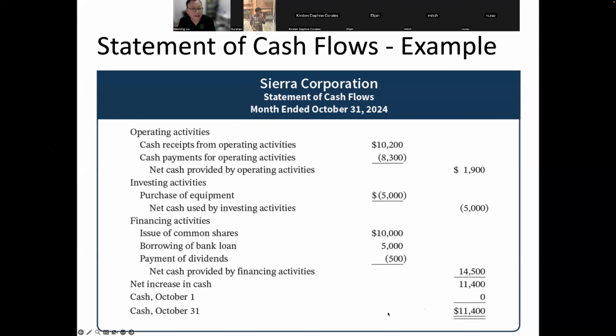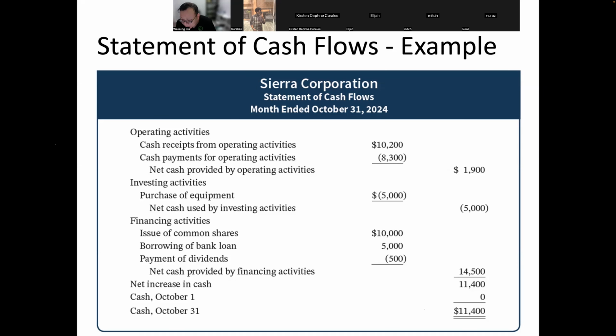Any questions about the statement of cash flow? In the later chapters, we are going to learn how to prepare statements of cash flows. For now, just familiarize yourself with what they look like. You don't have to dive into these numbers or understand how these numbers are worked out together. Now you just want to understand what they look like and how this statement is connected.